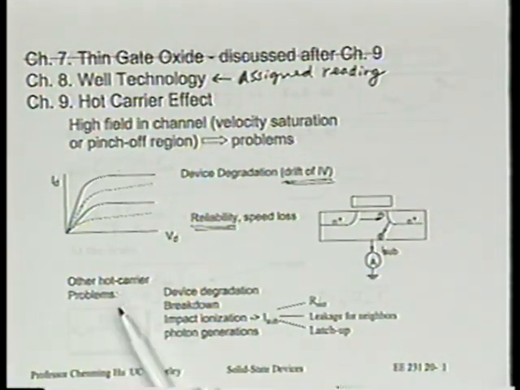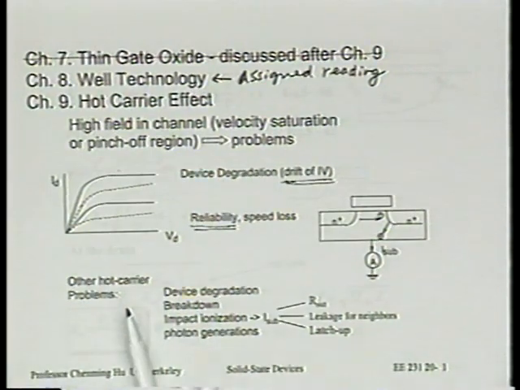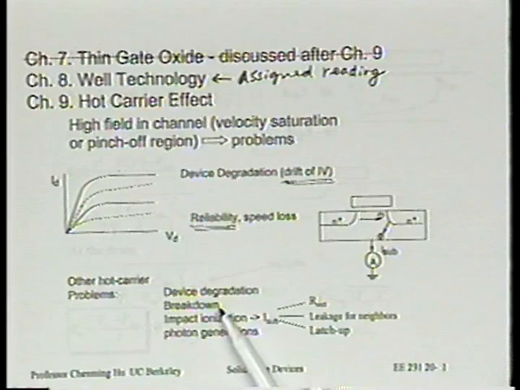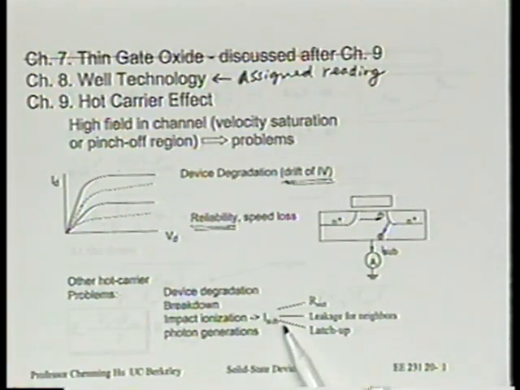Now, there are other hot carrier problems. As I said, this is not the only problem that can be related to high field hot carrier. There are problems like device breakdown; device degradation is one, then the transistor breakdown is related to the same high field and has a very similar origin. Impact ionization gives you substrate current.